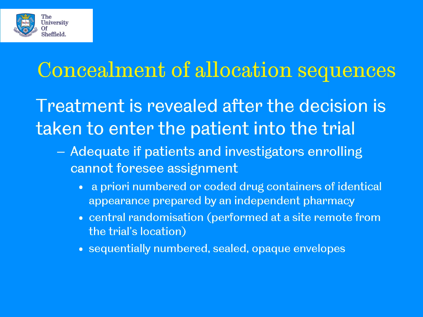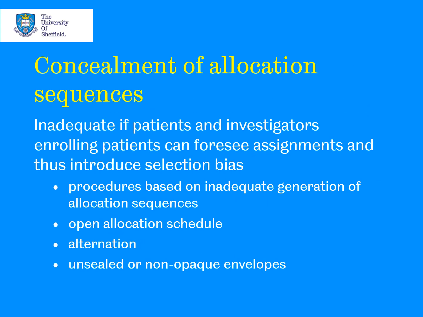So for example, having identical drug containers prepared independently, having a central randomization facility that cannot be manipulated. Alternatively, it can be regarded as inadequate if the patients or physicians are able to identify the allocation schedule, or if there's a straightforward alternation of A then B, for example.